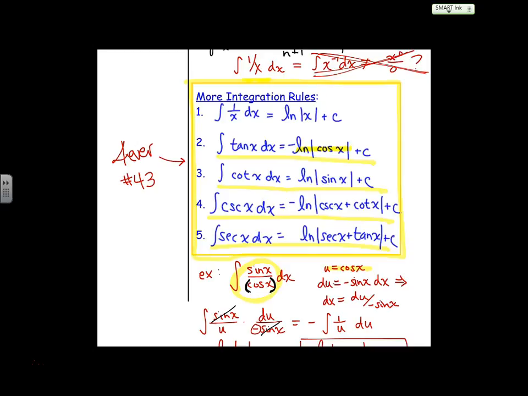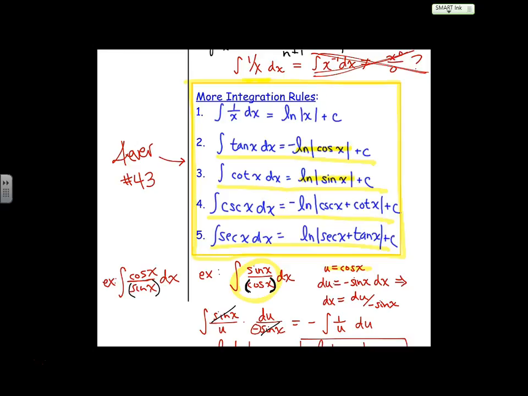For cotangent, who would cotangent equal? Cosine over sine. Who would be your u? Sine, right? So does it make sense that cotangent should have ln of sine instead?